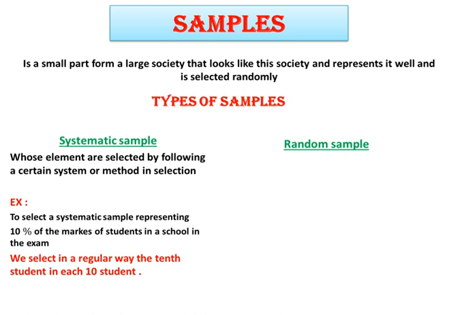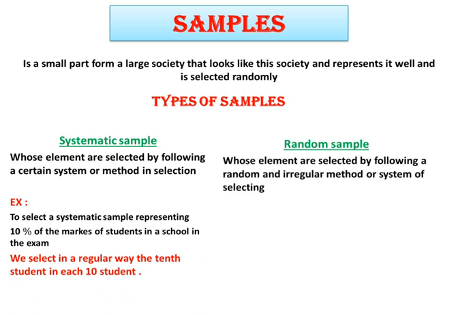But about a random sample, its elements are selected by following a random and irregular method or system of selecting. Here, the difference between a systematic sample and a random sample is that the systematic uses a regular way to select, but at random we use an irregular way to select.